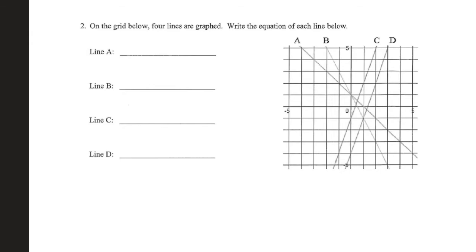Okay, let's walk through the first one together. Now, I'm just going to highlight that first one in red. We are looking for the equation of line A. And so, if we know that all equations for lines can be written in the form y equals mx plus b, where m is the slope and b is the y-intercept, then I just need those 2 properties to be able to write it.